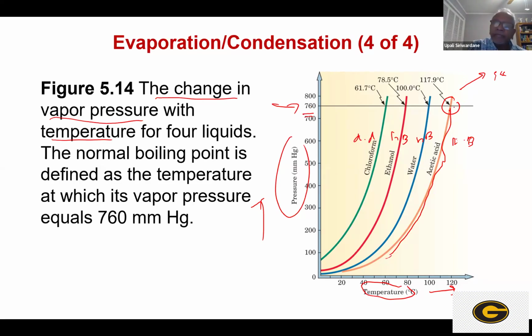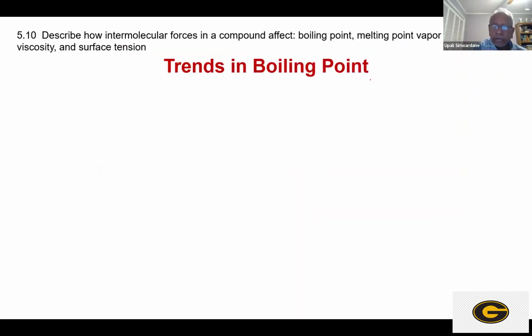For acetic acid, that's 170. For water, it is 100. Alcohol is 78. Chloroform has the lowest intermolecular force. It has 61.7. So that's the definition of a boiling point.